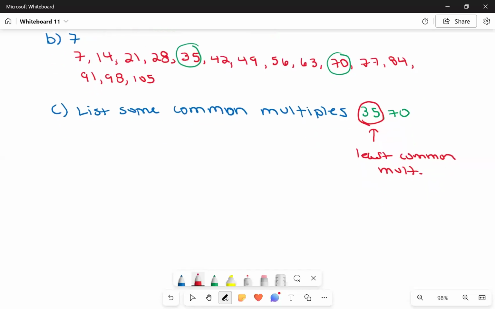Okay, let me define LCM just like I did the GCF, and then we'll do some examples and I'll show you how we're going to use the factor trees to do the LCM.